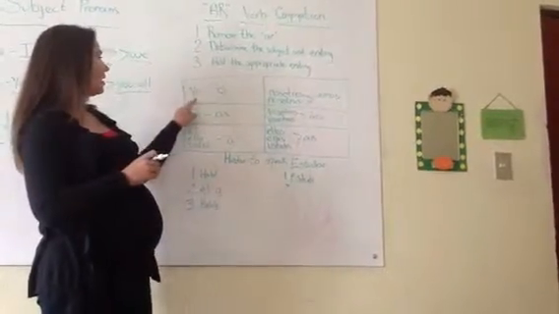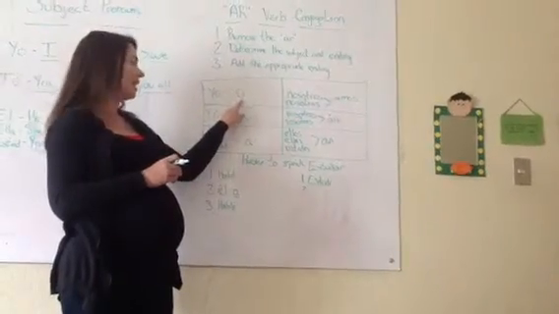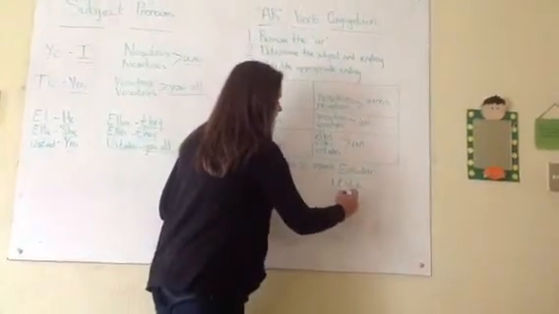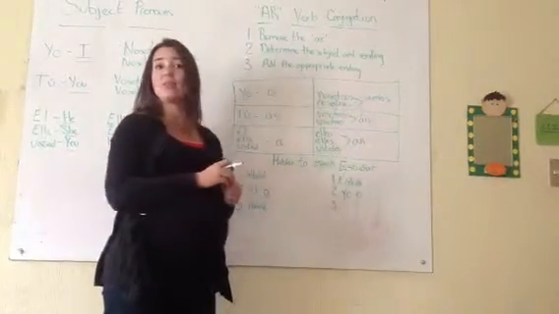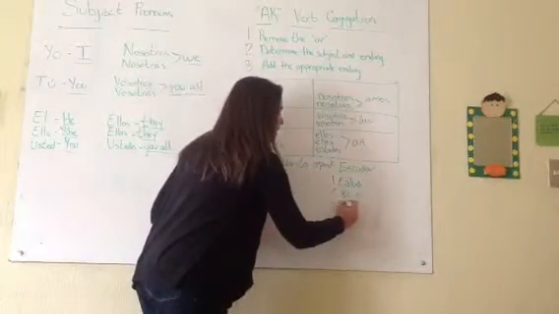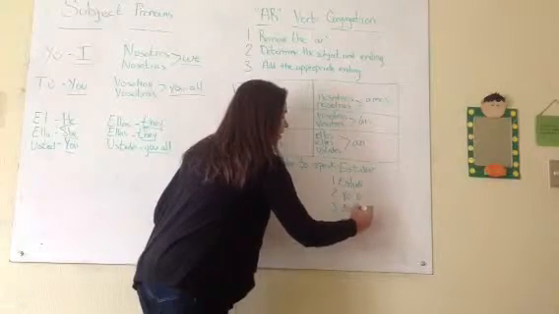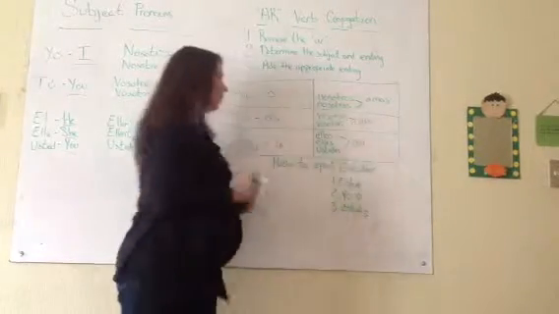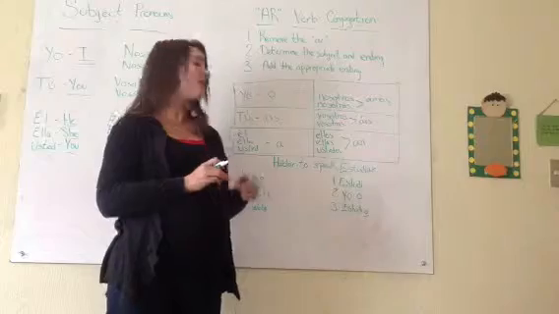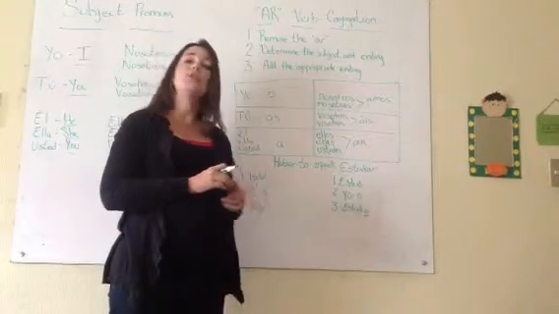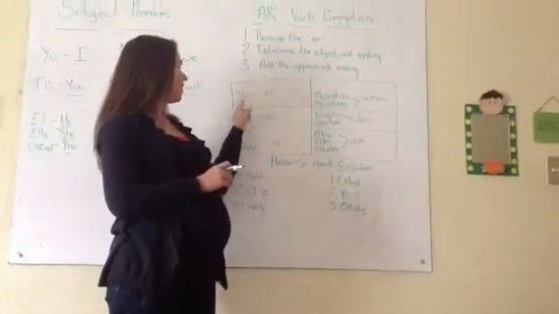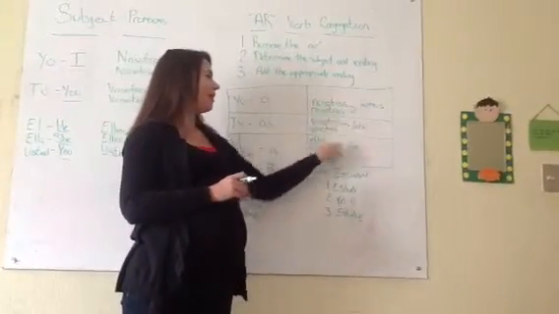So I is yo, and the ending is o. And then you add the ending onto the root of the verb. Estudi, o. Now the word doesn't mean to study, it means I study. And you can do this for any verb just by figuring out the subject and putting on the appropriate ending.